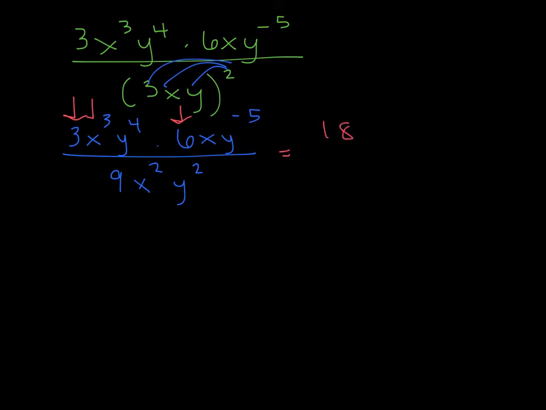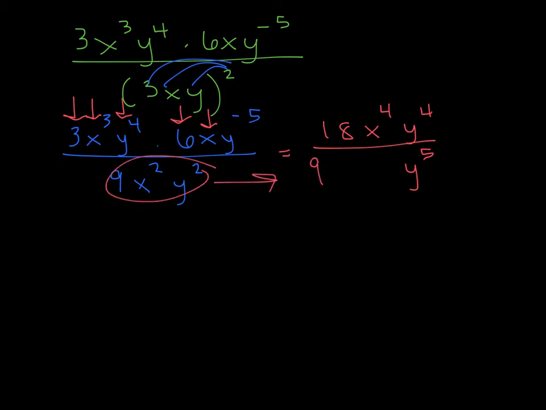I'm going to do x cubed times x, so that's x to the 4th. Remember, we're adding our exponents there. I'm going to keep this y to the 4th on top, but I'm going to move that y to the 5th down to get rid of that negative exponent. Then I'm just going to take this and move it over there. So I have 9x squared y squared.